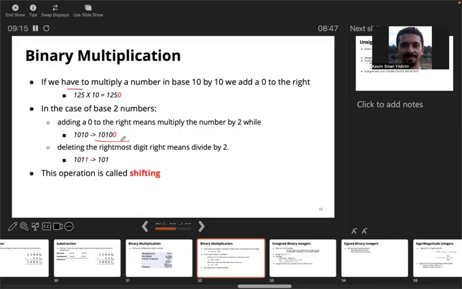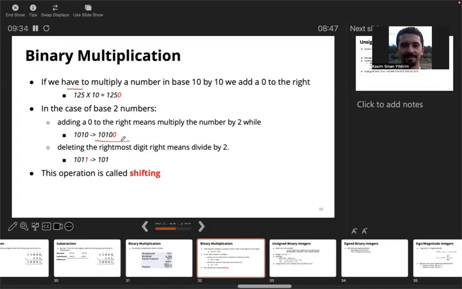Can you tell me? 16 plus 4, it is 20, right? 20. So basically, I shifted 1010 to the left, and I put a 0. Then that shifting operation is equivalent to multiplication by 2, right? We see it by example.